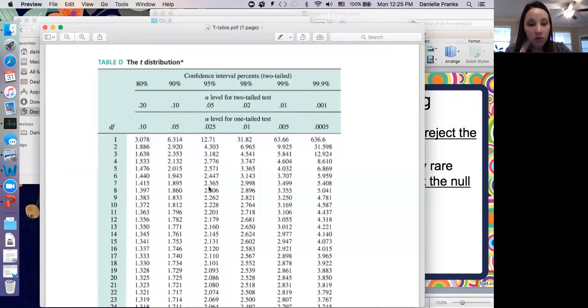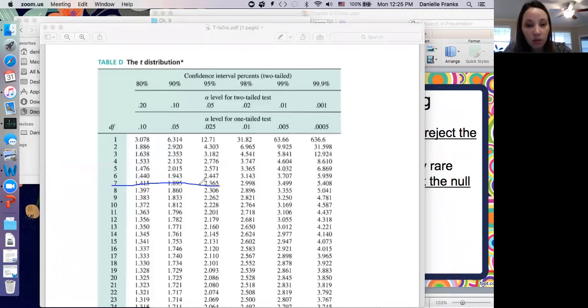So when we look at our degrees of freedom of 7 and our two-tailed t-test, alpha level of 0.05, we see here that our critical value is 2.365. So let me draw here. This 2.365 number is our critical value.